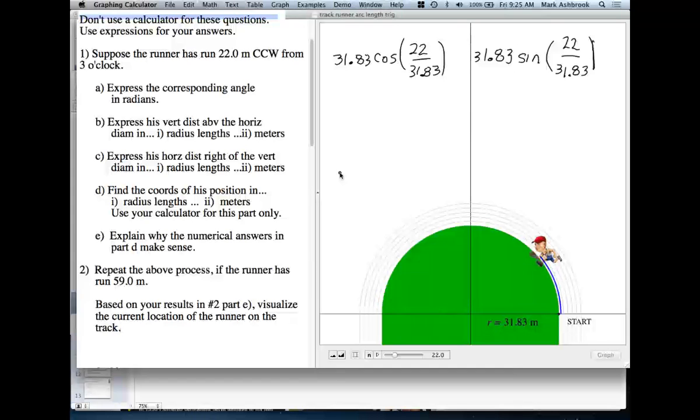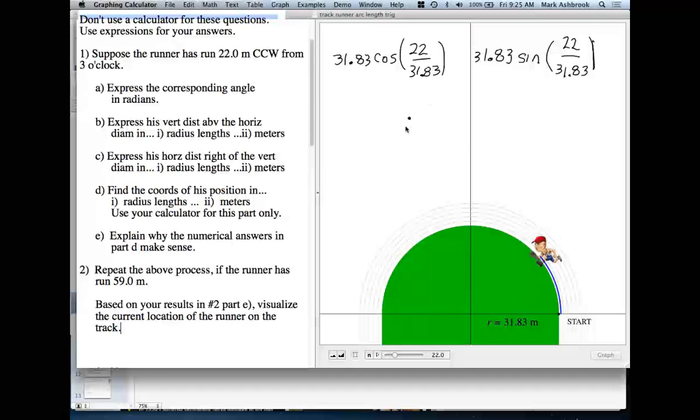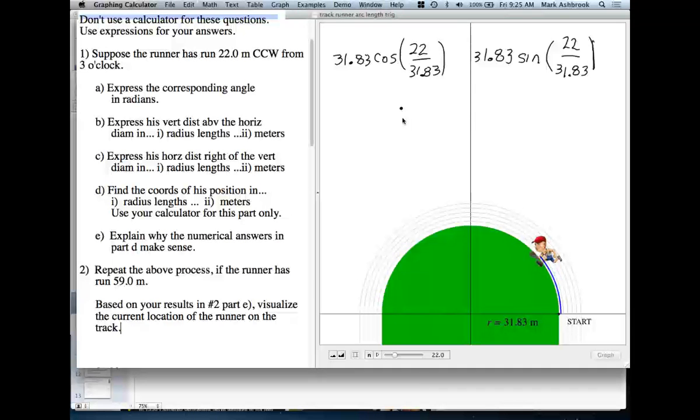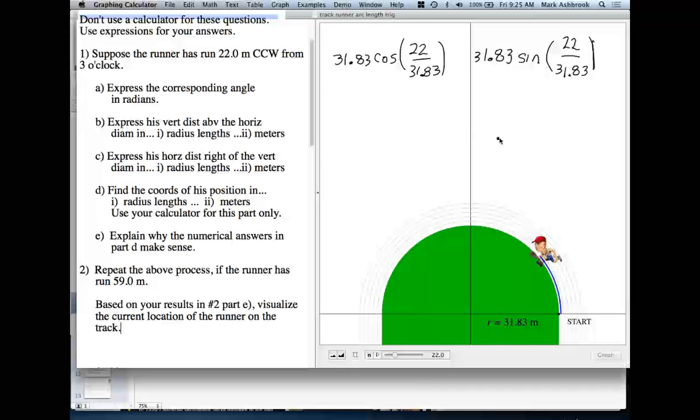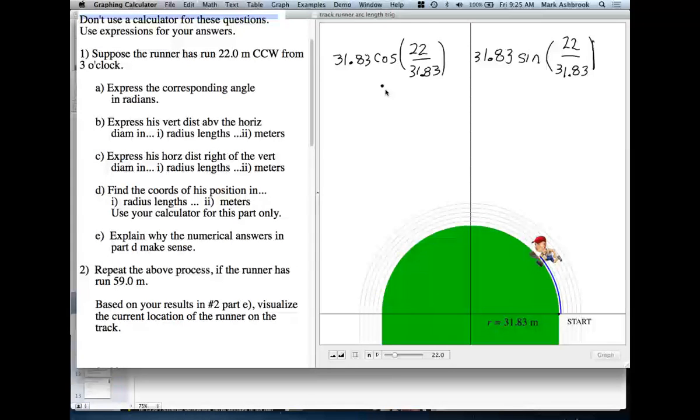Joseph, I want the x and y coordinates of his position right now in radius lengths. X is 0.77 and Y is 0.63. How'd you get the 0.77? I did cosine of our angle.